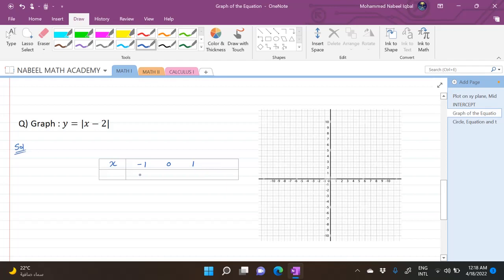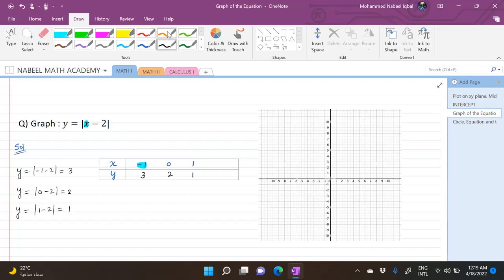When I substitute x equals -1, y is equal to absolute of -1 minus 2, which is -3; absolute of -3 is +3. When I substitute x equals 0, 0 minus 2 is -2; absolute of -2 is 2. Now when I substitute 1, 1 minus 2 is -1; absolute of -1 is +1. So we have 3, 2 and 1.